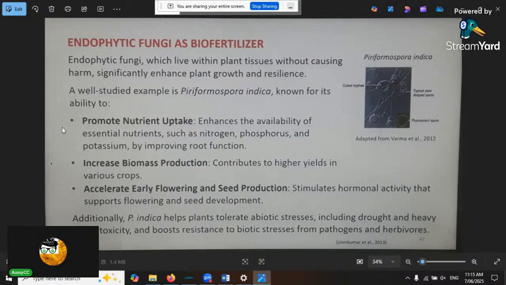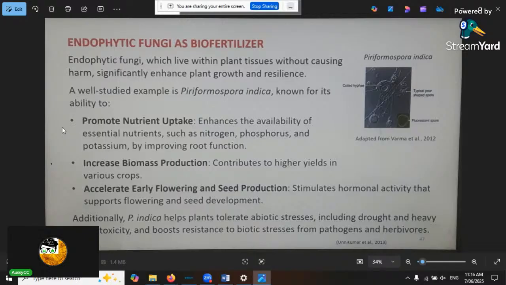Endophytic fungi, biofertilizers. So that endo means inside. So they live inside the cells, within plant tissue, without causing harm. And they're the ones that will more than likely get transferred through with seeds.